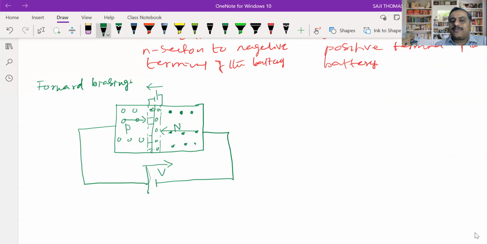Okay. And the width of the depletion region is a measure of the resistance of the diode. When the width of the depletion layer decreases, diode resistance decreases. So it will offer negligible resistance to the flow of current.